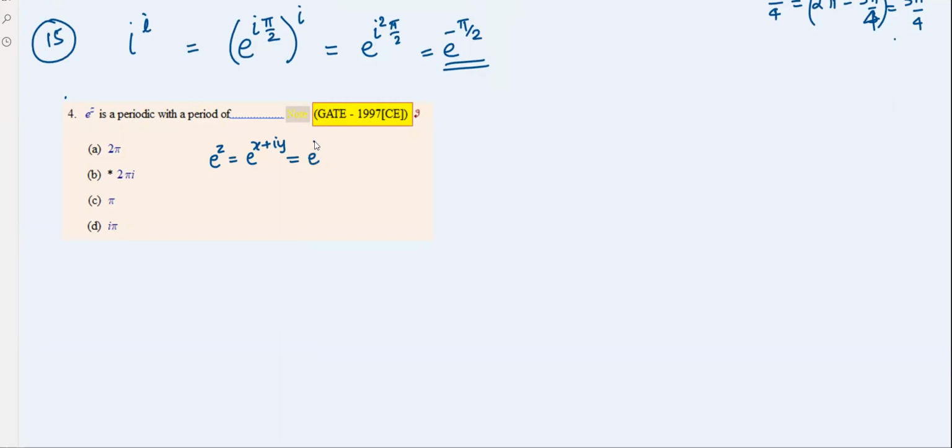It is e power x into cos y plus i sin y. So in the last class, we had done this.